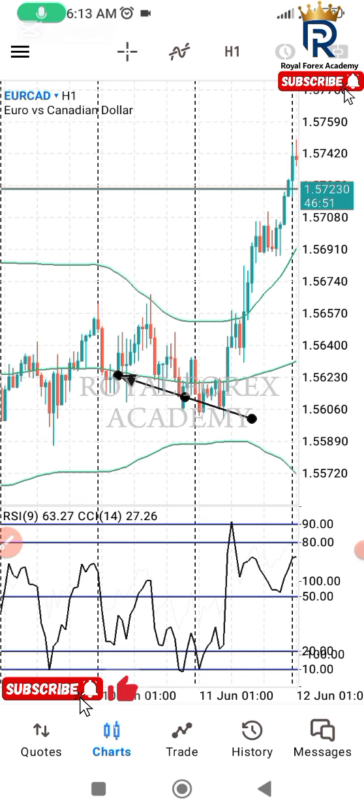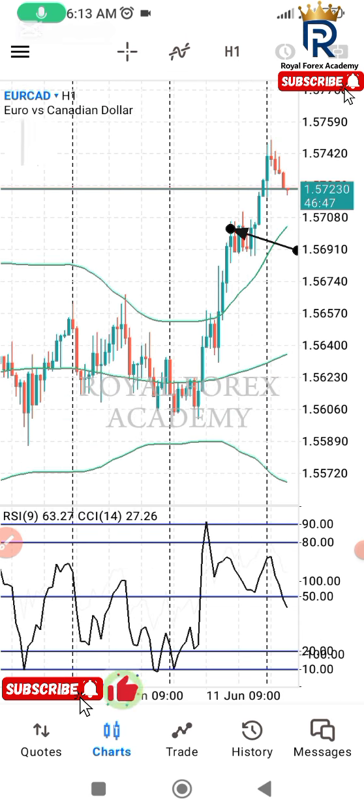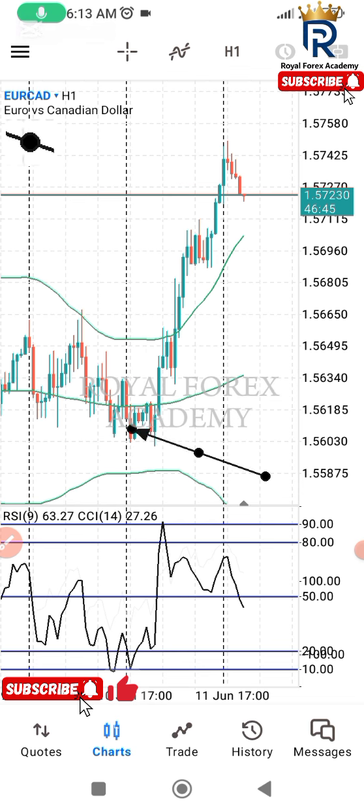Now let's look at the current price scenario. In this zone, price is in an uptrend, right? And do we have a pin bar candle here?